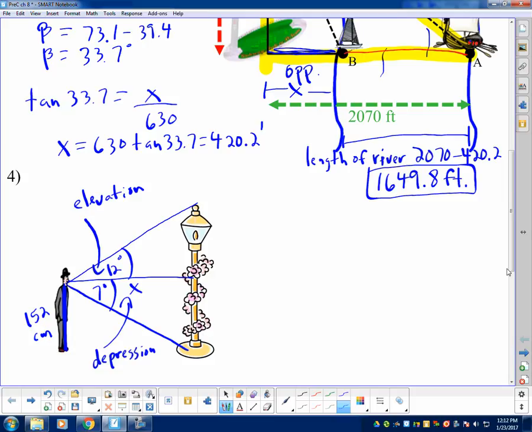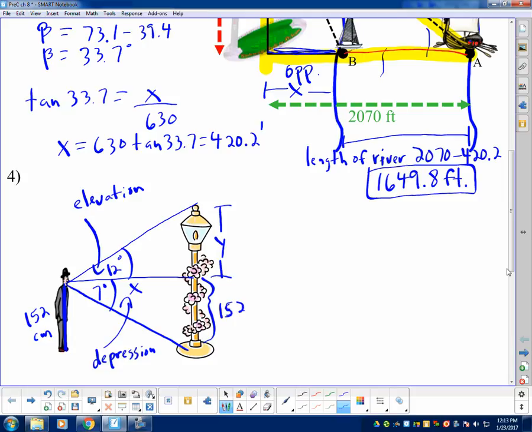It doesn't matter if it's down here at the base or up here at the top or straight from his eye to the post. We're just going to think of this as one vertical line, even though the lamp has some thickness to it there at the lamppost. We also know that if that's 152, we know from here to here is also 152. And so if we can find just this little piece from here to here, we'll call that y, then we can figure out the height of the lamppost.